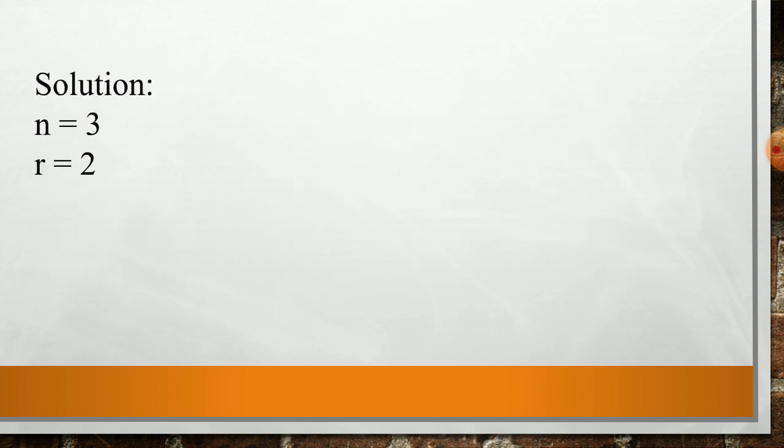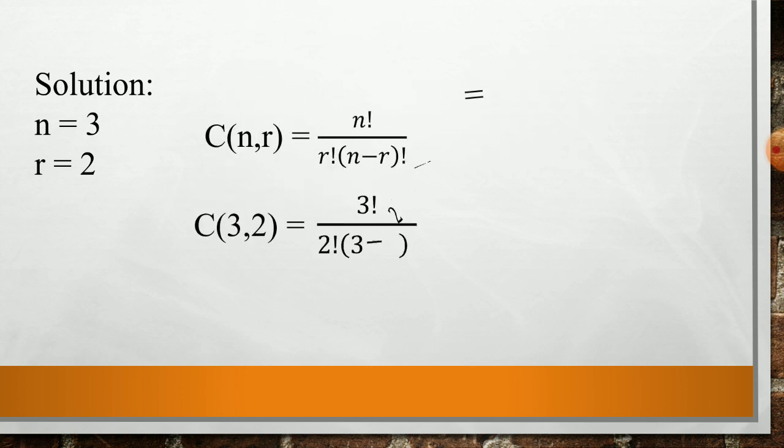So, we have our n, which is equal to 3, and the items to be taken will be equal to 2. Let us plug these 2 values into our formula. So, we now have 3 factorial divided by 2 factorial times the quantity 3 minus 2 factorial. That will give us 6 divided by 2, which is equal to 3.